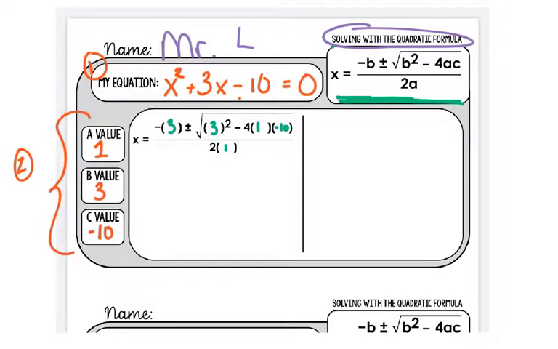And I have this separated out into 2 columns because we have a lot to do, and we have this plus or minus. So I'm going to keep that plus or minus together until the end, just to help solve this out.